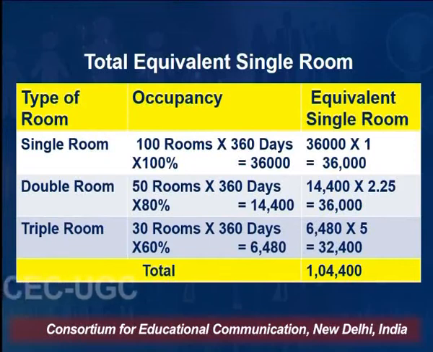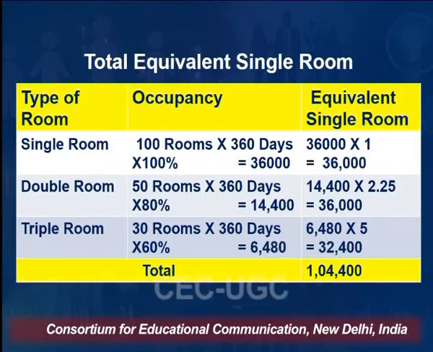Now we have the equivalent value for all three categories of room: single room, double room, triple room, keeping in mind their capacity utilization, number of days and number of rooms in each category. So we have accounted for all three components: number of rooms, capacity utilization, and number of days for which you are operating.